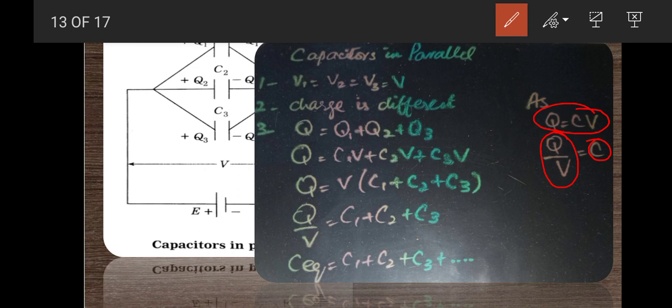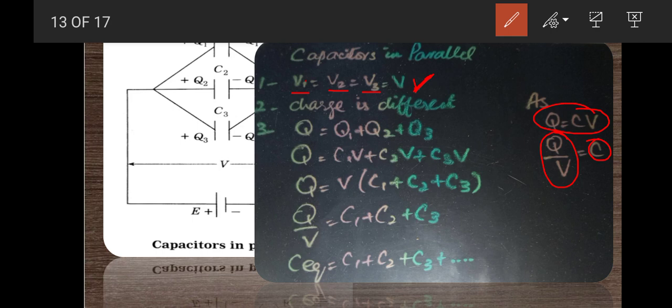In the first point, you have to write that the potential difference among the 3 capacitors is the same. That's why we can write V1 equals V2 equals V3 equals V. We will have the same symbol for these 3 voltages.